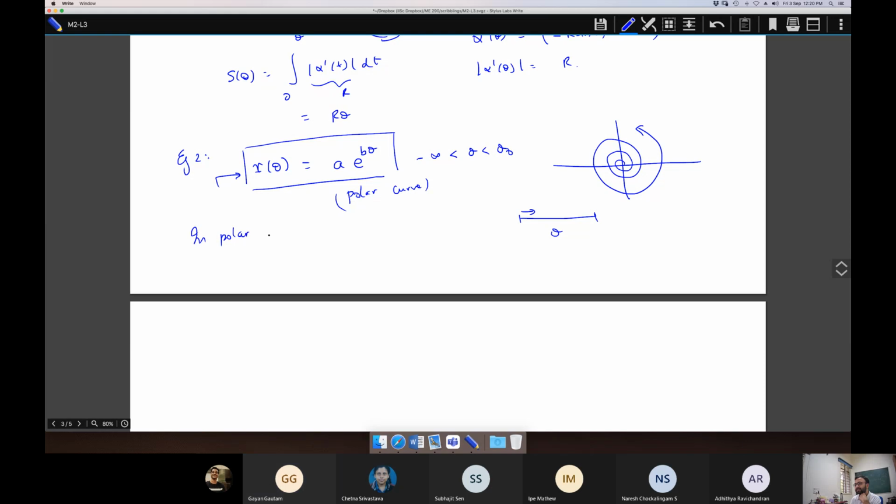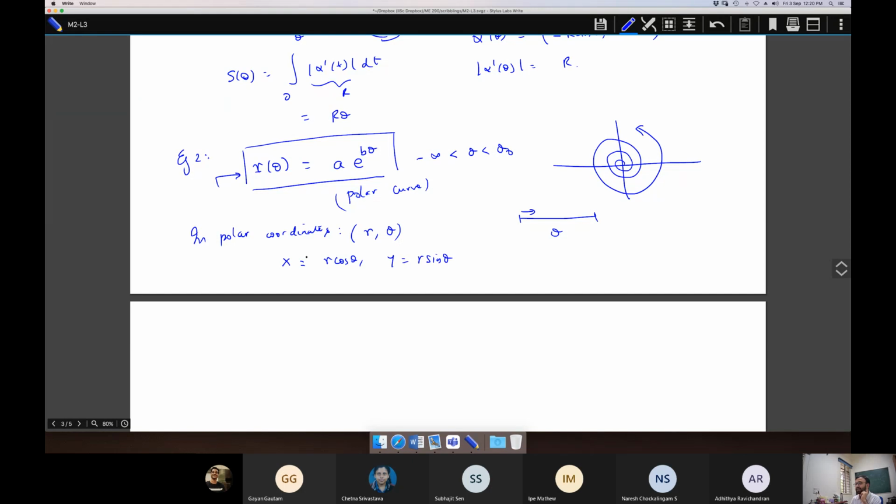In polar coordinates, how do you specify the coordinates of a point? It is a function of r and theta. Very good. If I gave you the radius and the angle, how will you write the x and y coordinates? x is equal to r cos theta and y is equal to r sin theta, right?